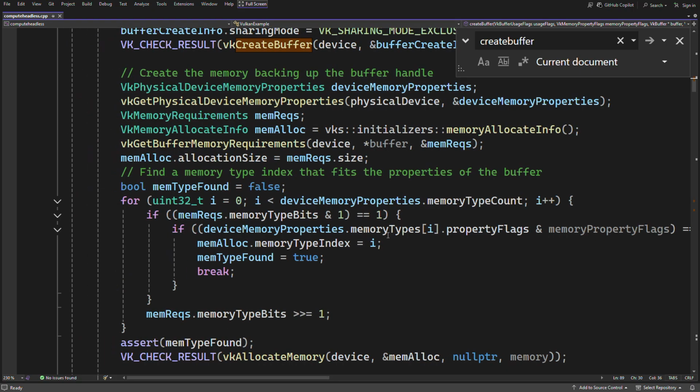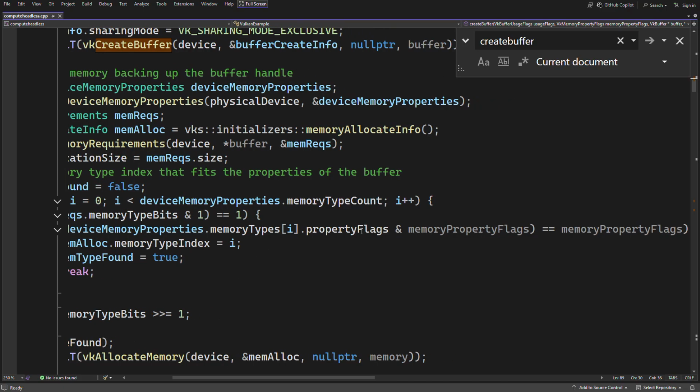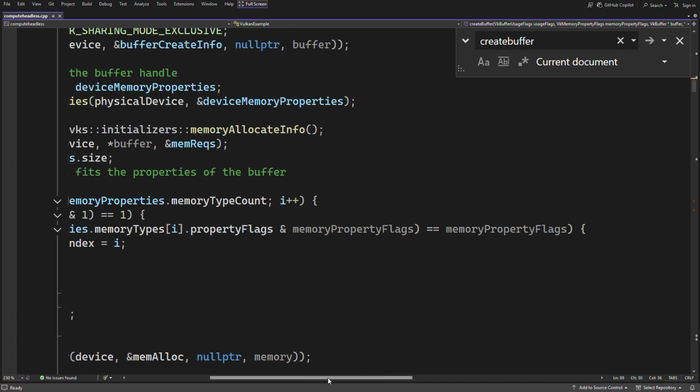So notice this if statement here, so it's property type, property flags, right? Device memory properties, memory type, property flags, and memory property flags, right? So equals memory property flag.